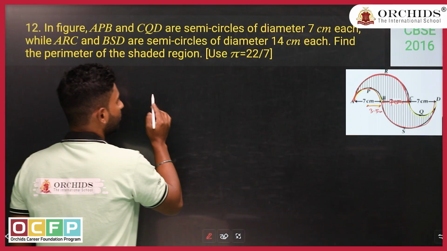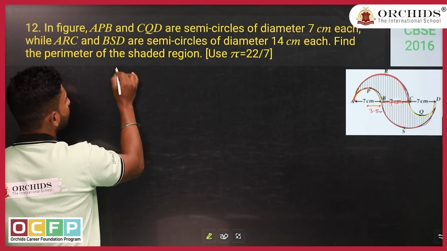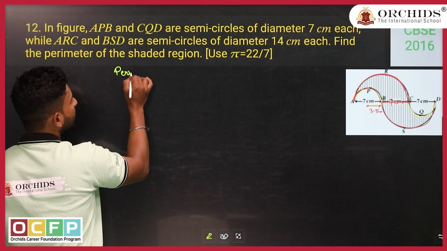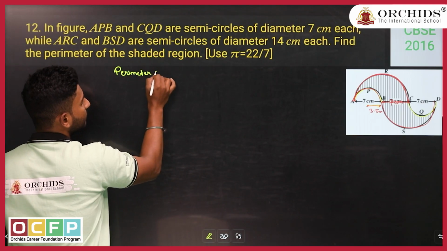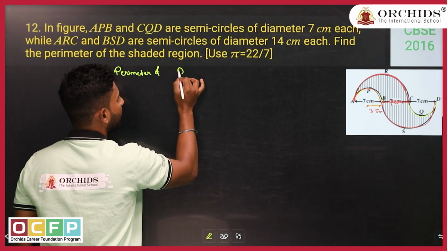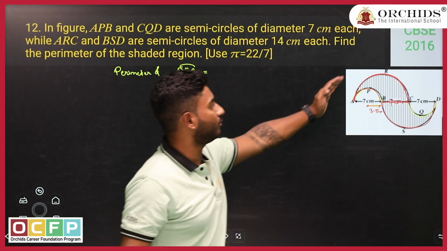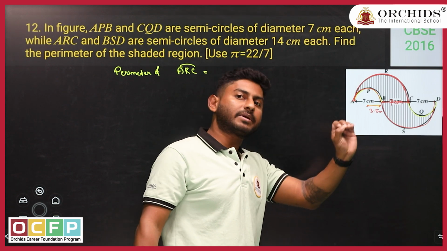Yes. So what we will do, we will find out the perimeter of ARC. This particular portion we will find out, and that is nothing but a semicircle.